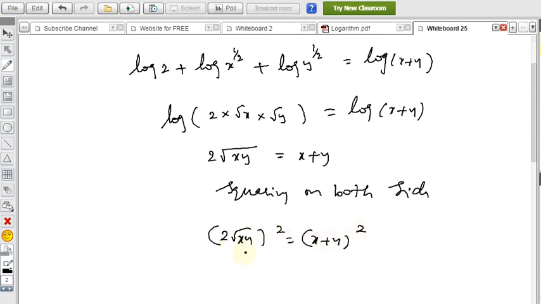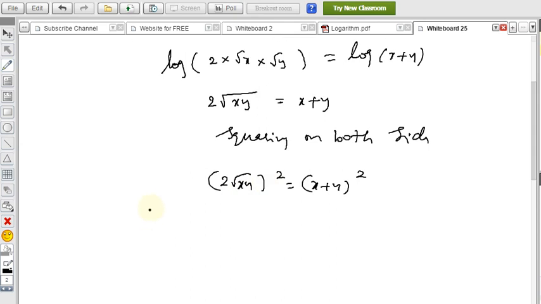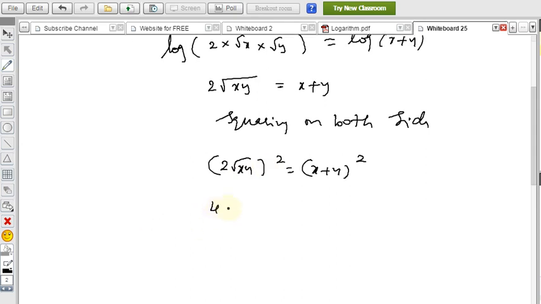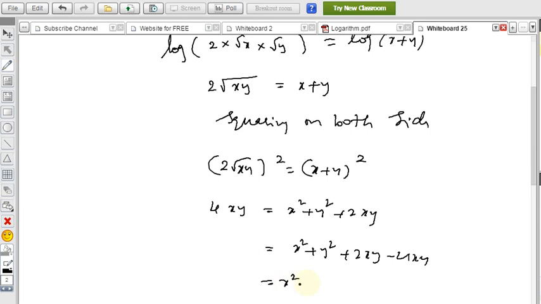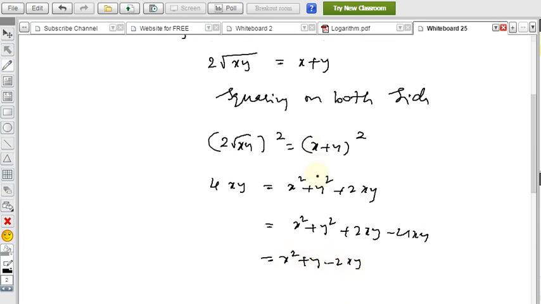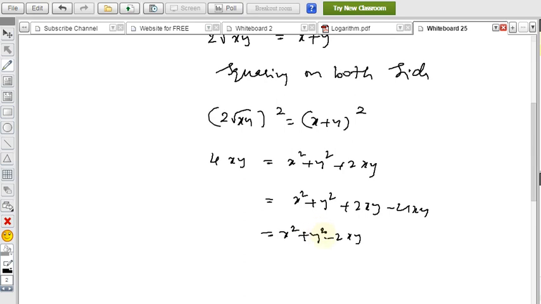So apply the formula: 4xy, x square plus y square plus 2xy, x square plus y square plus 2xy minus 4xy. So x square plus y square minus 2xy. This you can write as x minus y whole square.